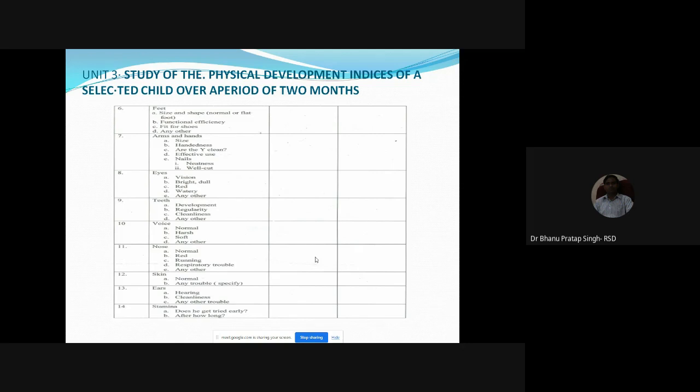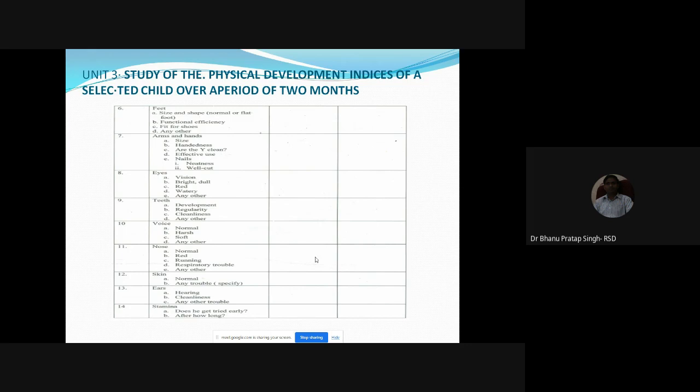Eyes means vision, bright, dull, or whether eyes are red or not, or white, watery, or any other. Means you have to note the position of the eyes, whether the eyes are red. If red, then there may be some reason. Means the child may be sick, or the child may have some problem in their eyes.